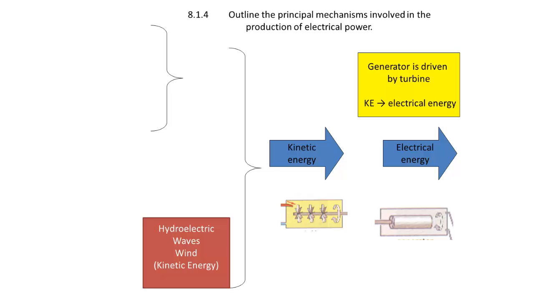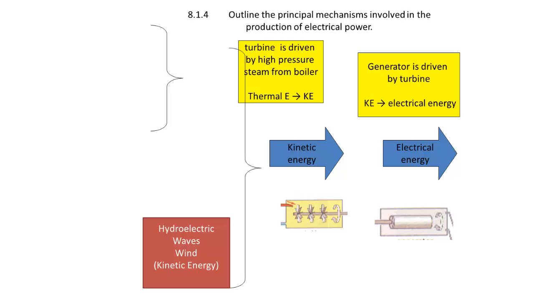And where does this kinetic energy come from? Well, it can come directly from hydroelectric power. It can come from wave power, it can come from wind. These are all forms of kinetic energy which are being turned into the kinetic energy of the turbine. On the other hand, the turbine can also be driven by high pressure steam from a boiler.